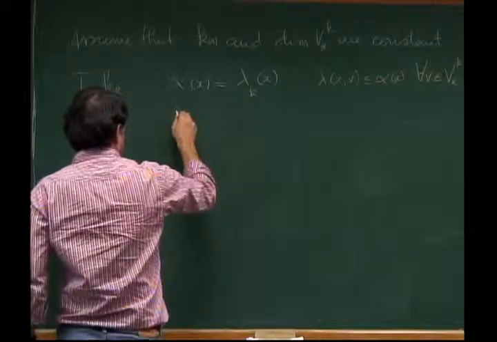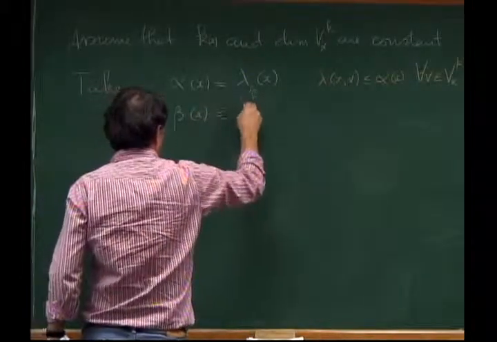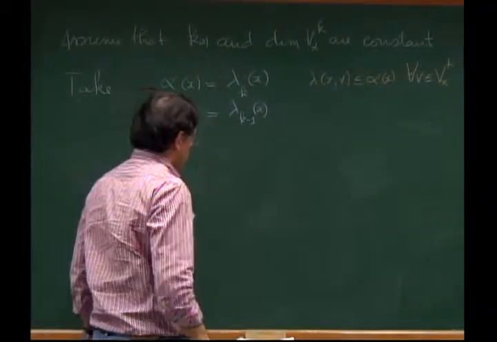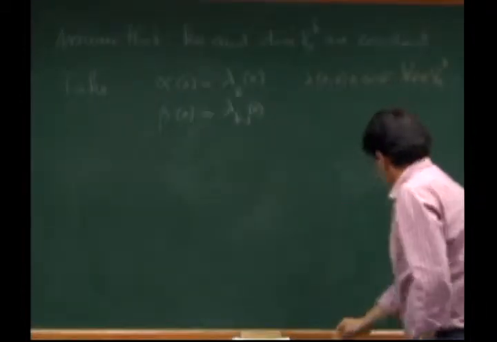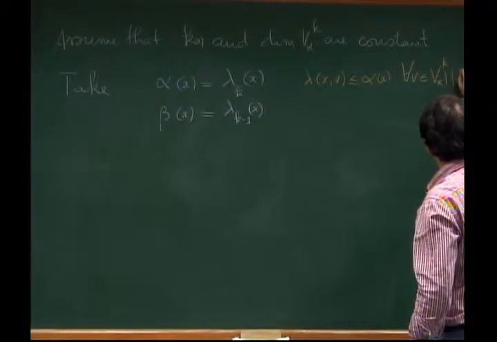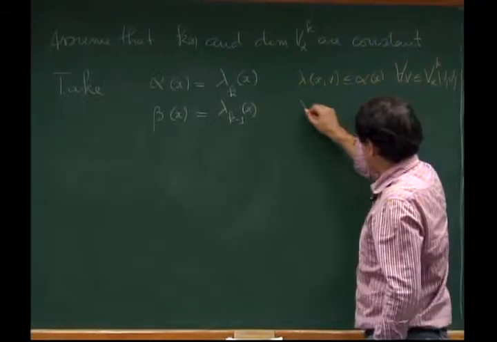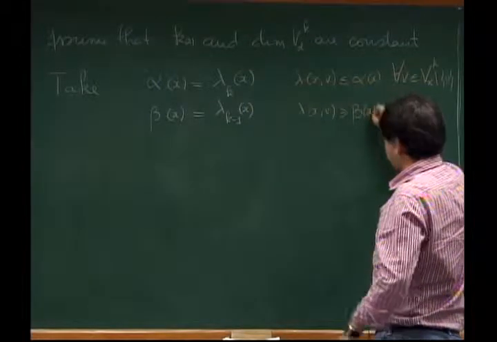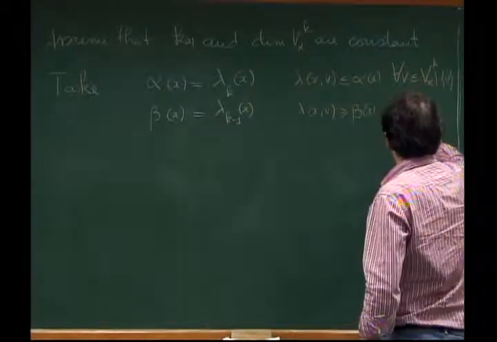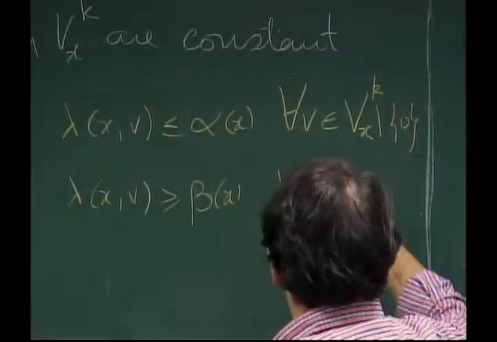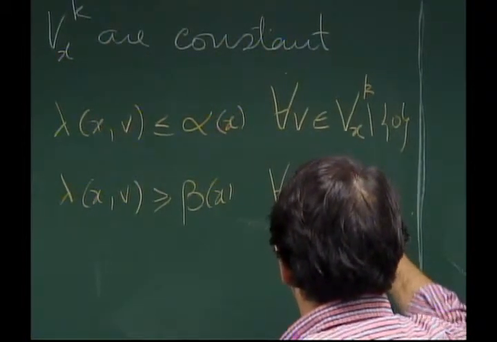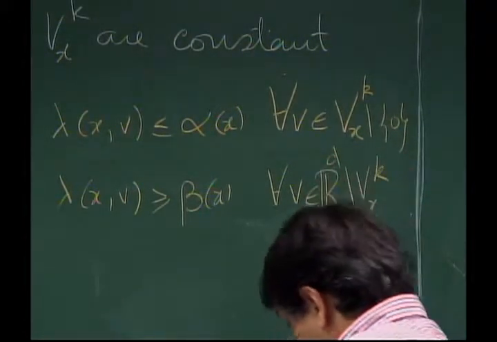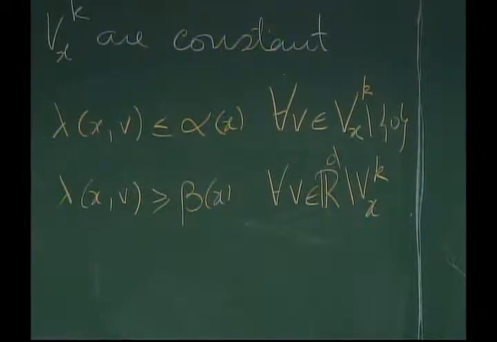And I take beta to be the next Lyapunov exponent, lambda_(k-1). For all the other vectors, the rate of growth is at least lambda_(k-1), for every v in R^d minus V_x^k, because that's the definition of V_x^k.